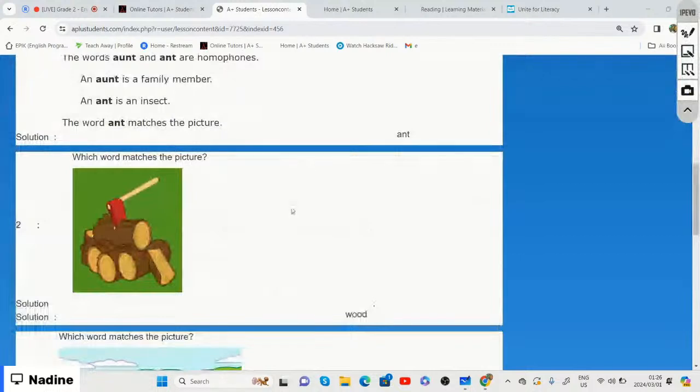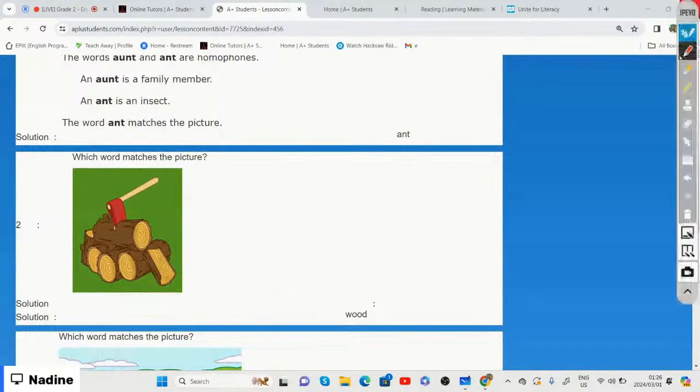All right, if we look at the next picture, we need to choose one of these words to match the picture. So we have the word would and we have the word wood. We need to basically choose one of these words to match the picture.